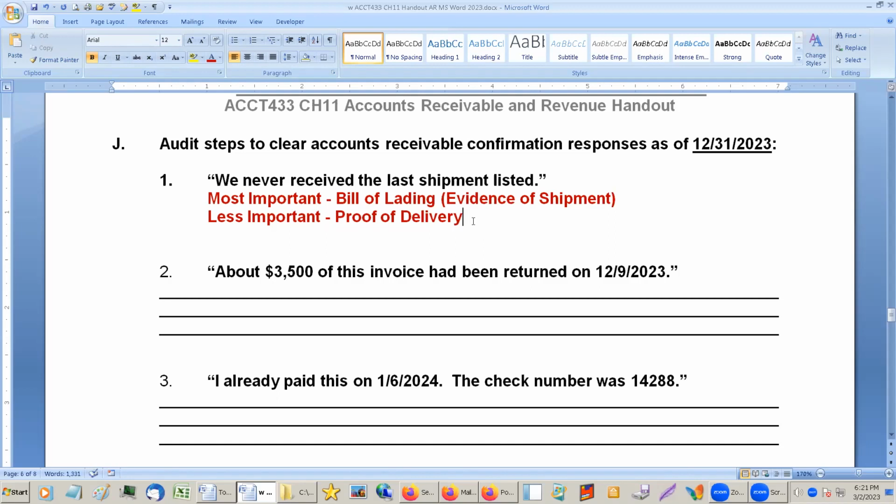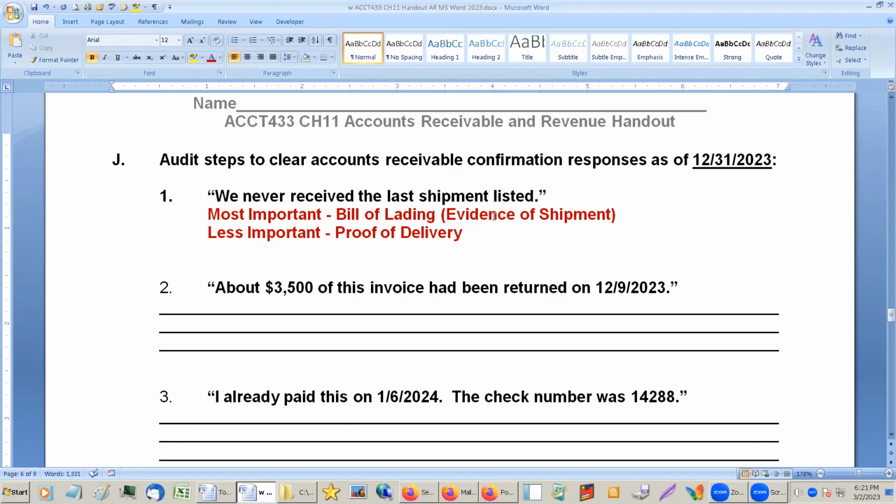Proof of delivery is less important. Even if it wasn't delivered, you say, well, if it wasn't delivered, then it's not a sale, and that is true, but they're probably going to have a claim with the insurance company and whatever. So less important is going to be the proof of delivery. You might still look at it, because sometimes people say they didn't receive it, and you know they did.